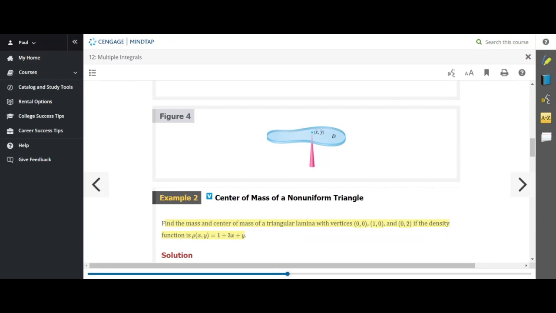Basically, think of two people on a seesaw, playing on the seesaw. Let me just draw a little picture here. I'm not a great artist, but I'll do my best.